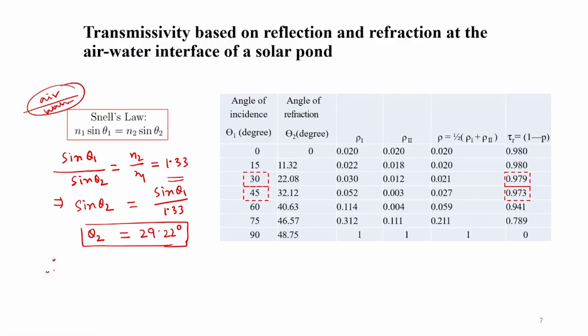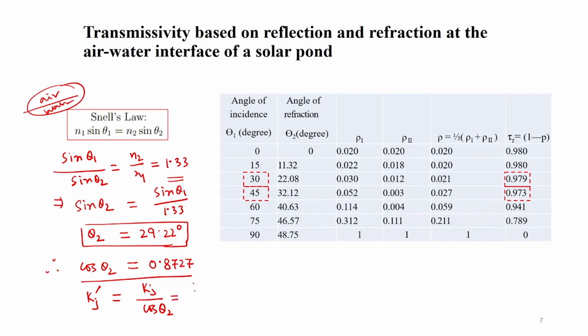And also we can calculate cos theta 2, because this will be required in order to calculate kj. This is something like 0.8727. Why is this important? Because we need to calculate kj prime, which is equal to kj by cos of theta 2, the angle of refraction.